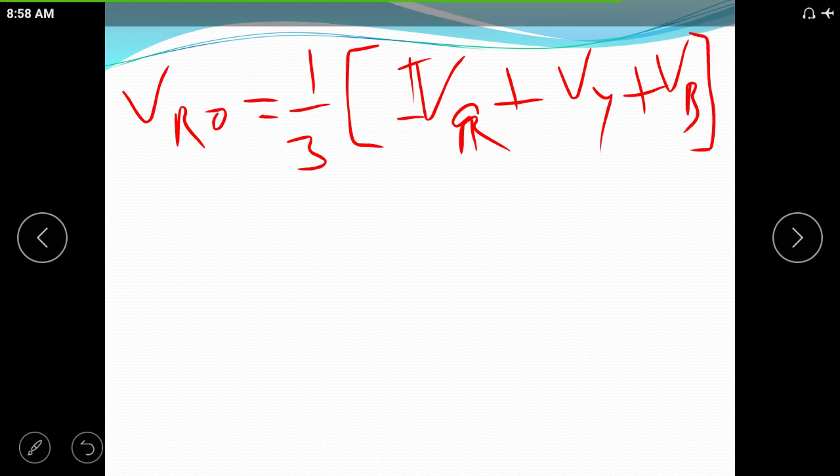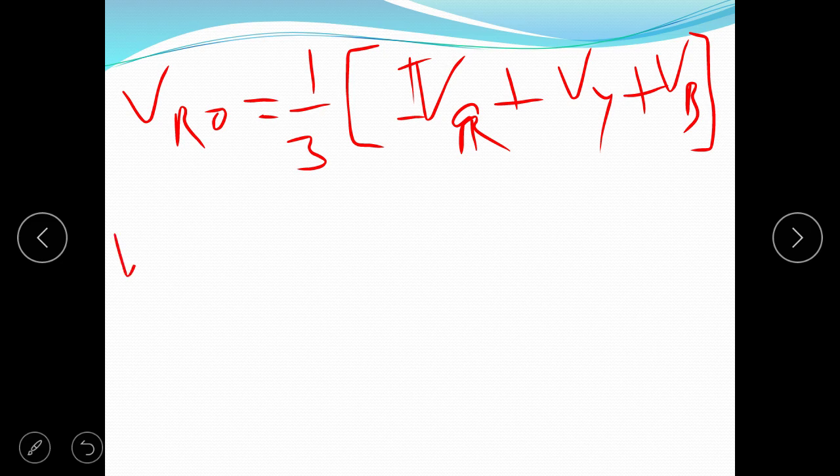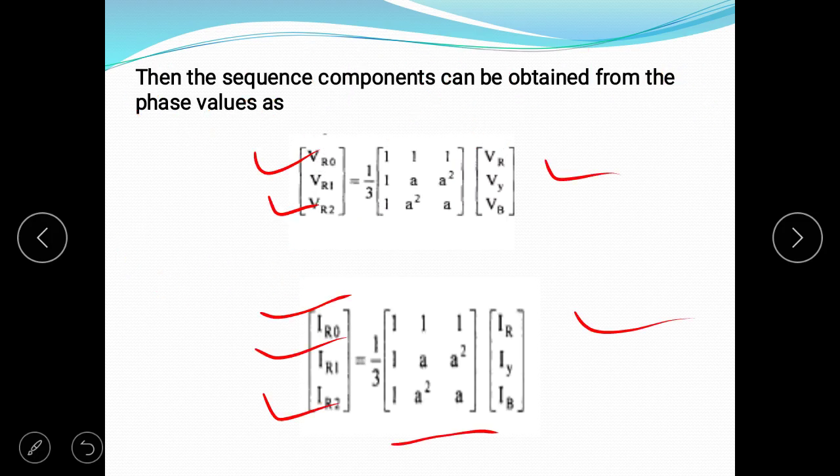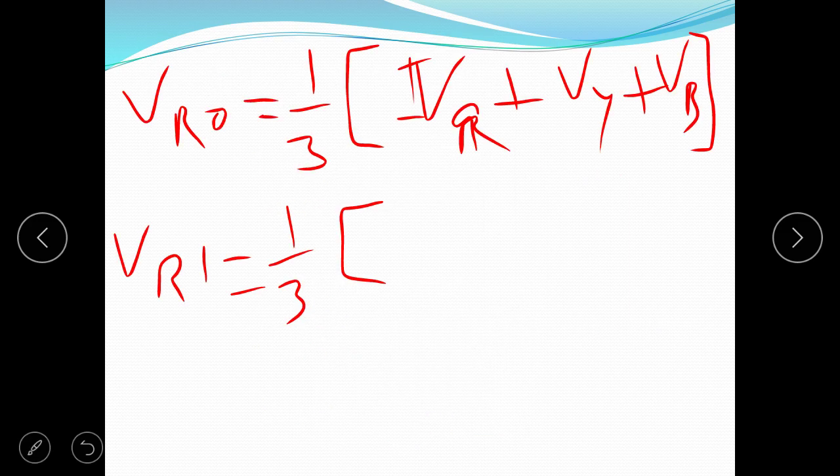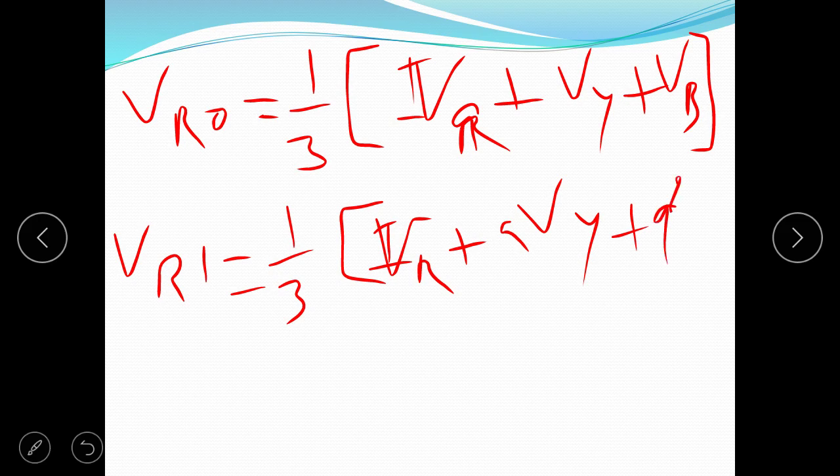Similarly, the positive sequence component VR1 is equal to 1/3 of, from the matrix, VR plus a VY plus a square VB.